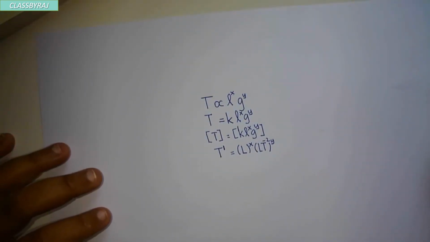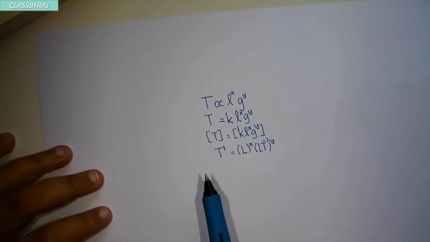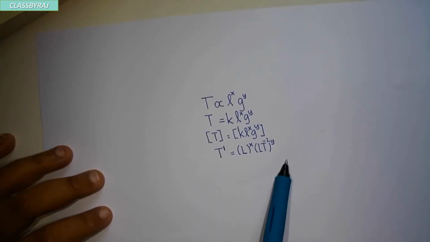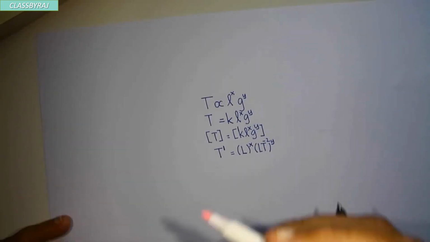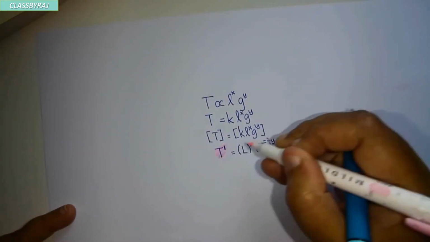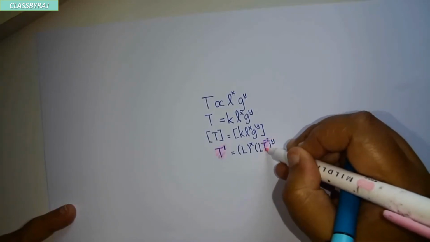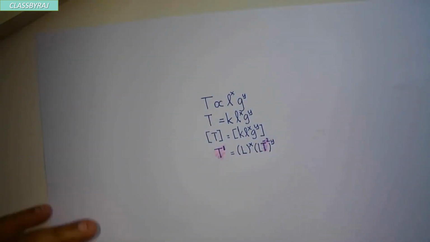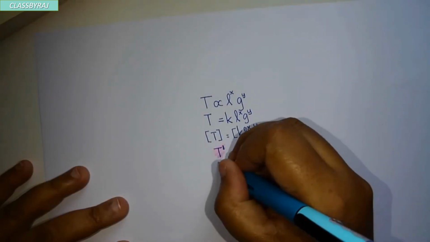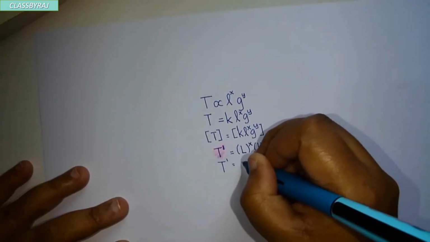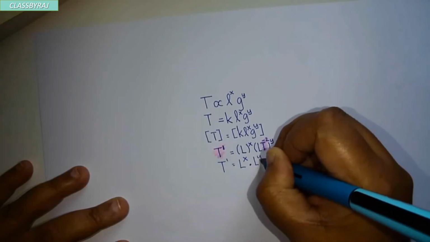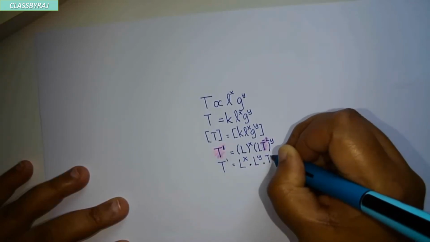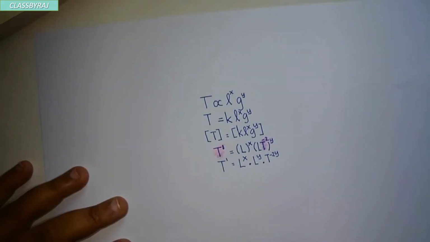Alright, so what we do is we equate the dimensions of both sides of the equation. I'm going to take T first. Before I do that, I'm going to simplify it so you can have a clearer picture here: L^x, L^y, T^-2y, correct?